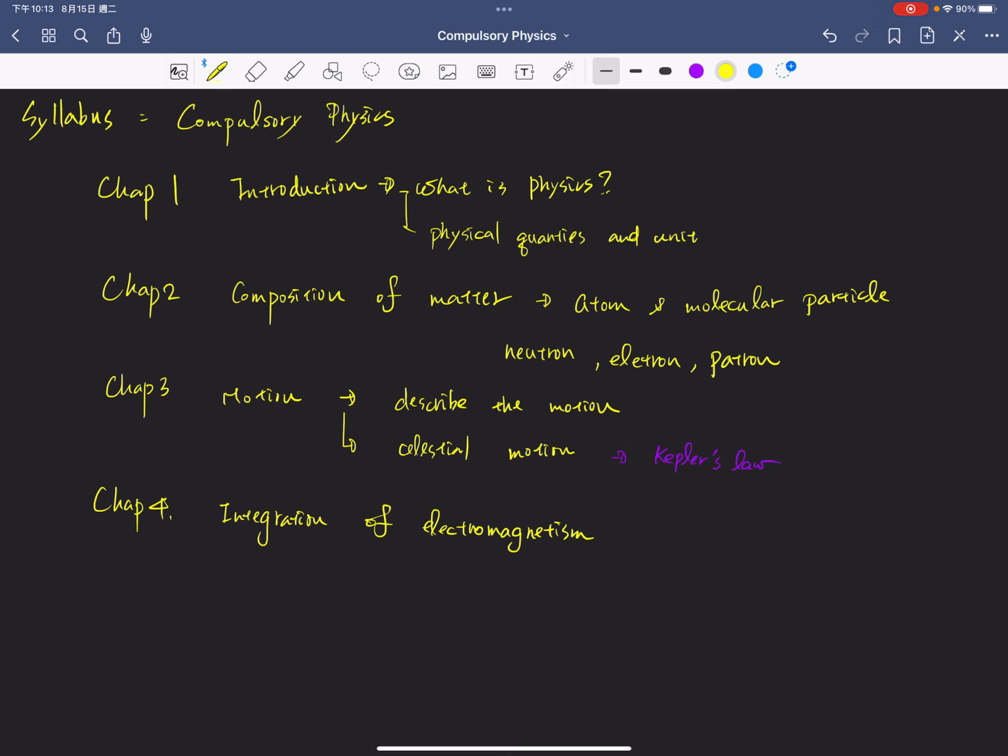In the past, scientists thought that a charge is a charge, and the charge causes the electric force, and the moving charge is the current.